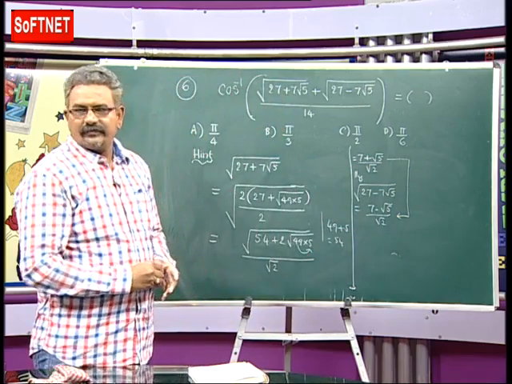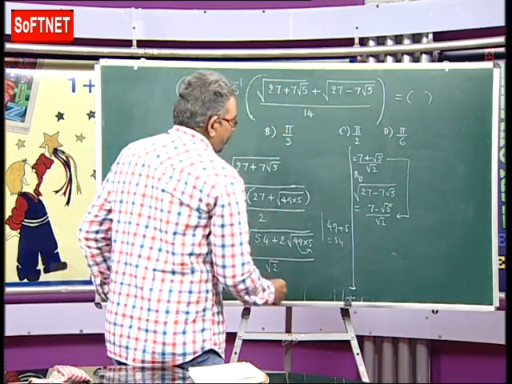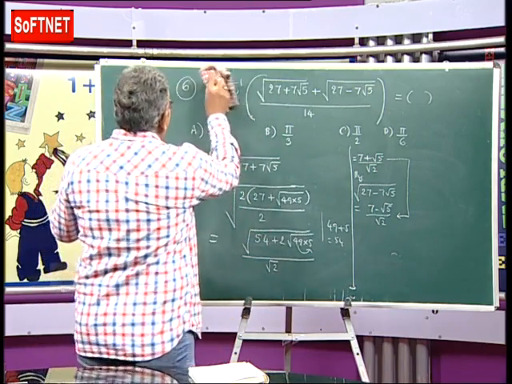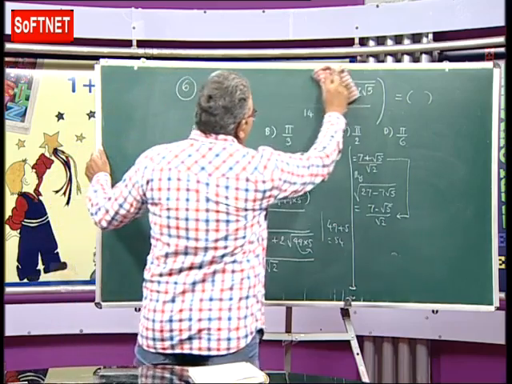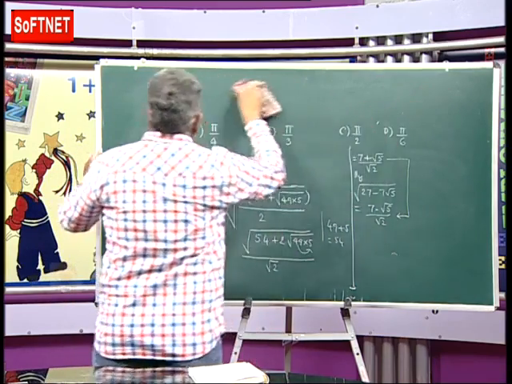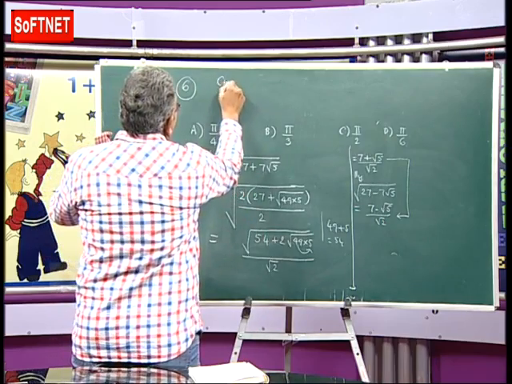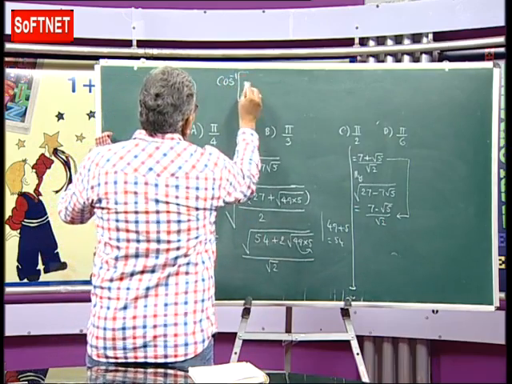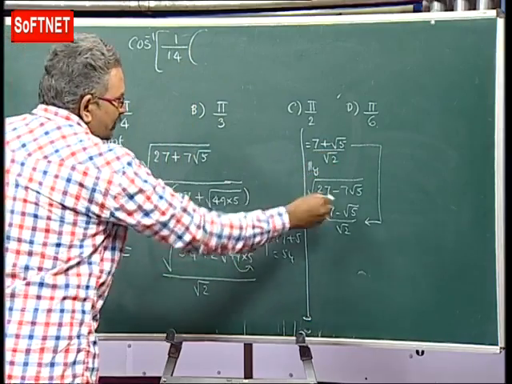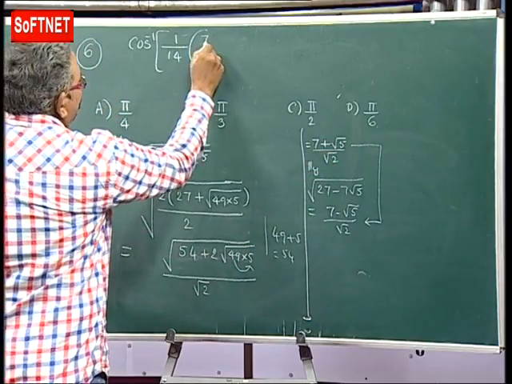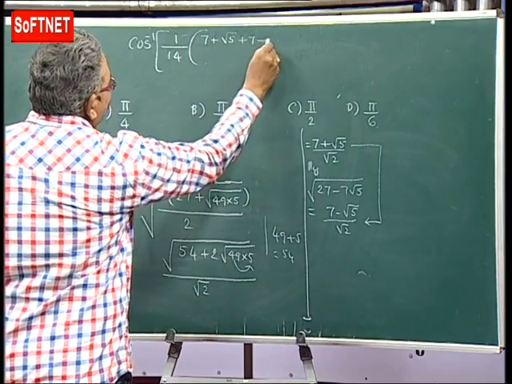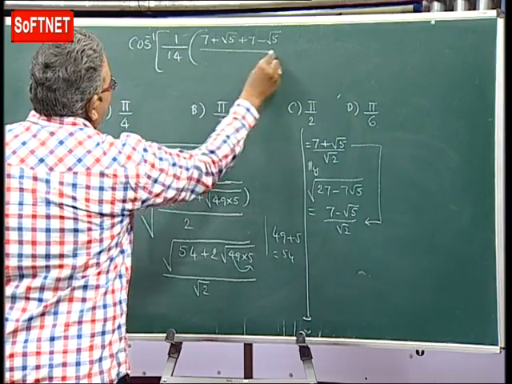Let us see. That is, now we can write here cos inverse of 1 by 14 into adding these two, 7 minus root 5 plus 7 plus root 5, by root 2.